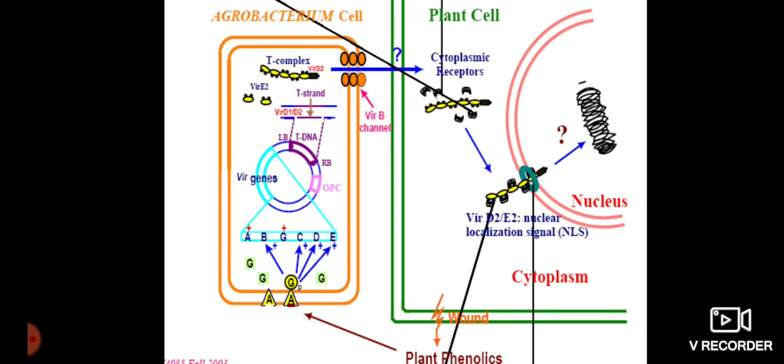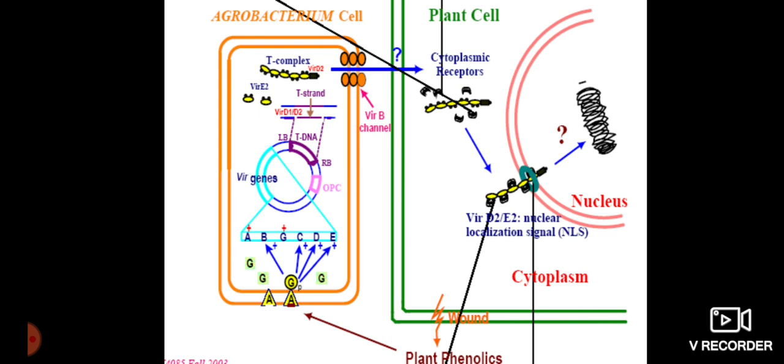This is how the transfer of genes takes place between Agrobacterium and the plant cell. You can see the virulence genes help in excising the single-stranded T-strand, and then the single-stranded T-DNA complexes with the virulence protein molecules, and one of the virulence proteins forms the channel through which the protein-complexed DNA is transferred into the plant cell.